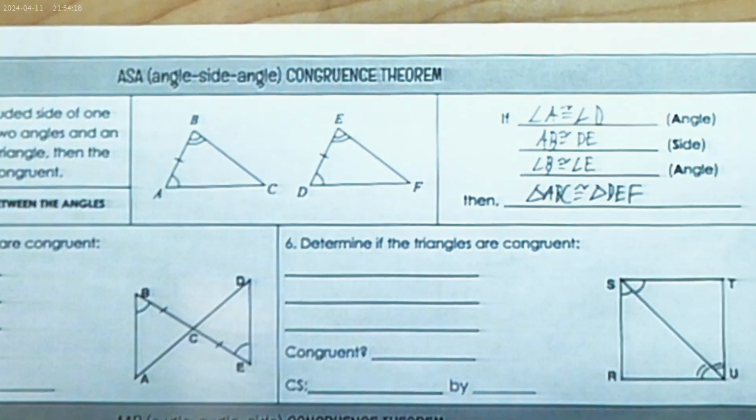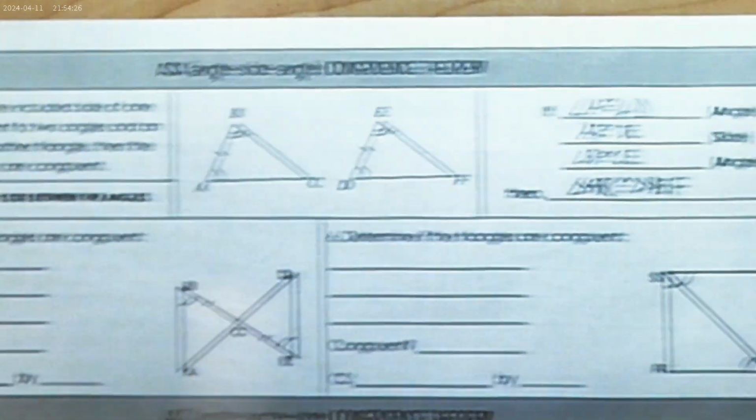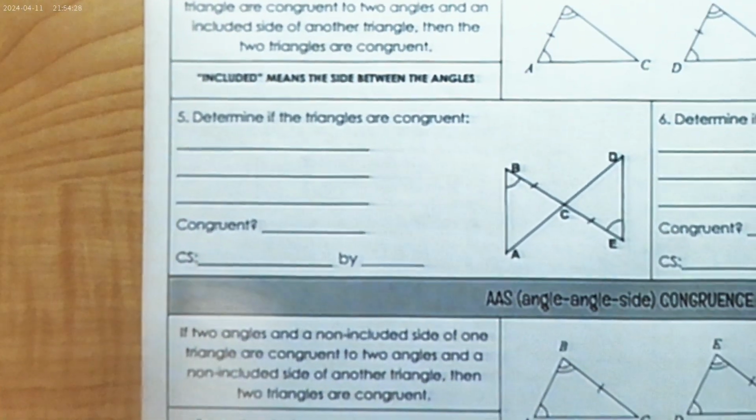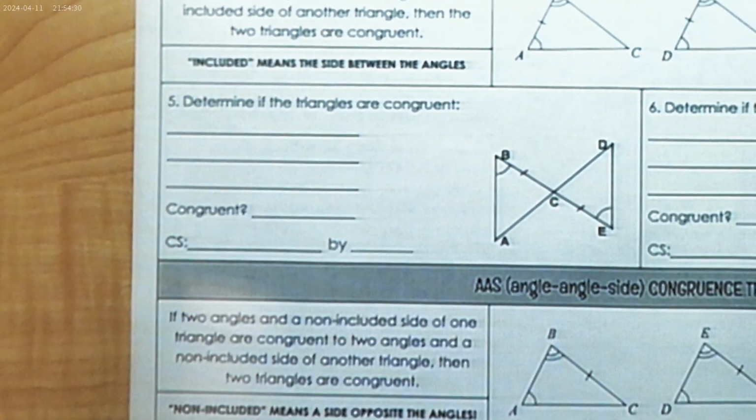I think at this point we can just assume that anything labeled ABC is going to be congruent to DEF, but one thing at a time, I suppose. So let's get to some examples where we can see if things are congruent or not.